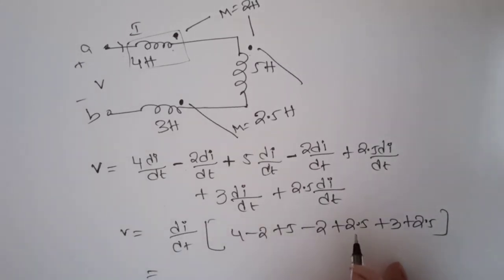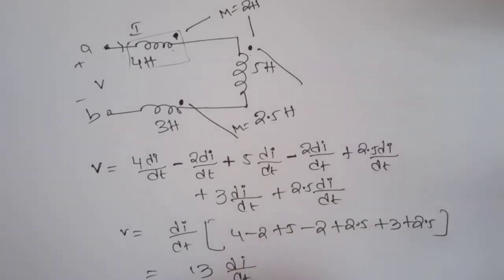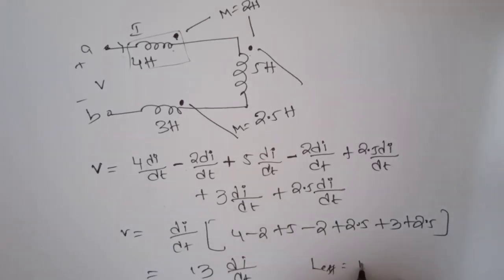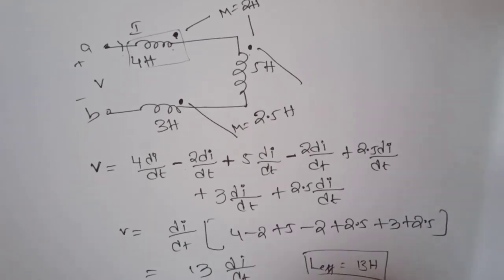Now it becomes a total of 13 into di by dt. So the effective inductance is 13 Henry. This is the advantage and need of the dot convention, to find the sign of the mutual inductance.